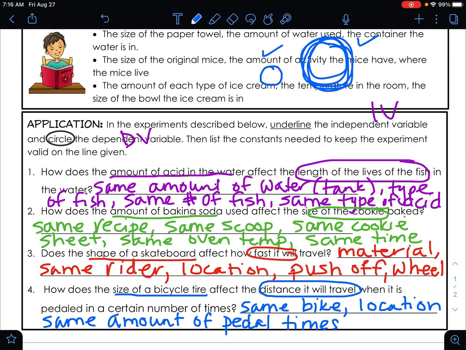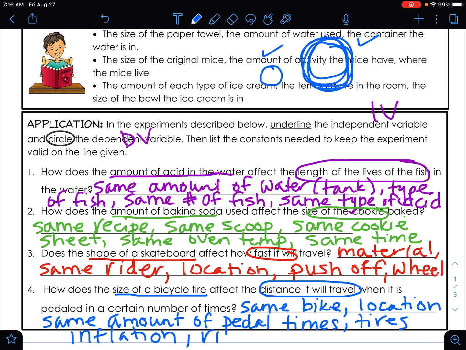And as long as you do the same amount of times for both trials or 3 trials, it's fine, okay? So the tires have to be inflated the same, because we know that riding on a flat tire is not going to be as effective as one that is to the PSI that's supposed to be.